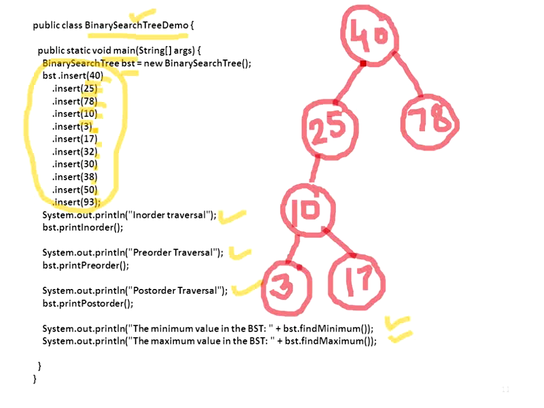Right of 25. Yes. So it will be 32. And then we have 30. Where do we have to place node number 30? Towards right of 32.